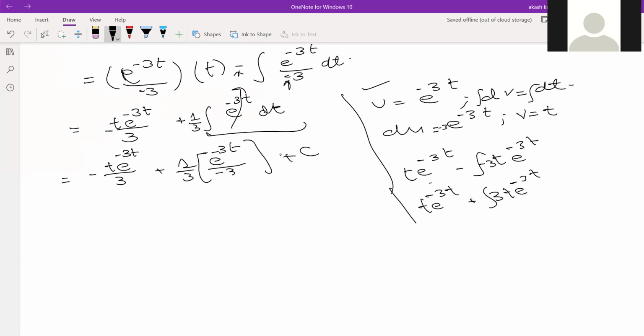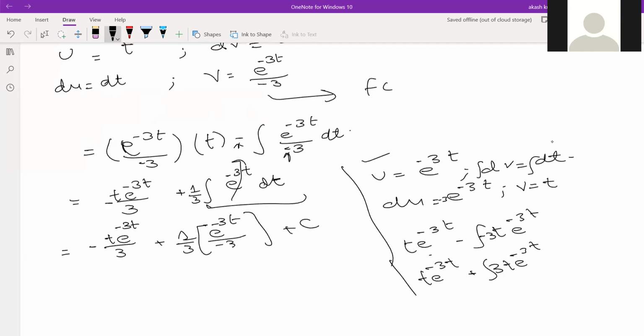So you can see that if we take u equal to e to the power of minus 3t and dv equal to dt, we again end up with integration by parts, with two functions, t and e to the power of minus 3t. The function is even getting more complicated if we use this method, and again we have to apply integration by parts.